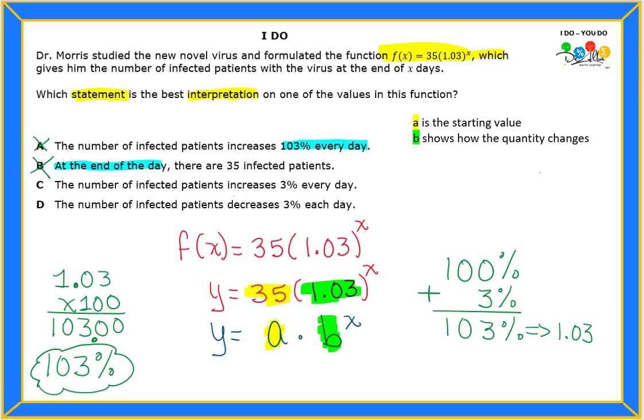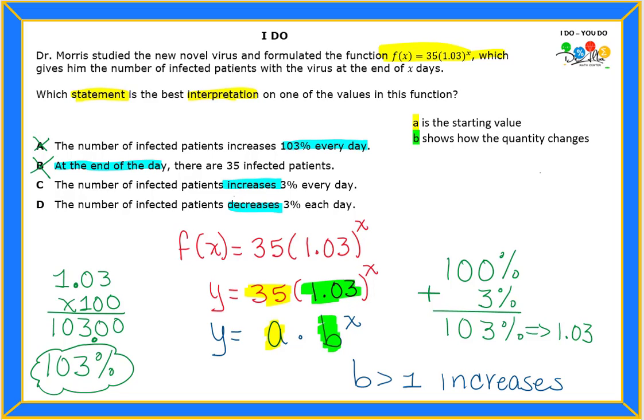So let's look at C and D. On C, I see the word increases, and on D, I see the word decreases. So is it decreasing? How do I know it's not decreasing? Because b is not less than 1. b is actually greater than 1. So if b is greater than 1, then this will be an increase.